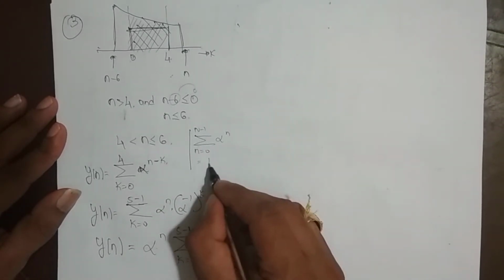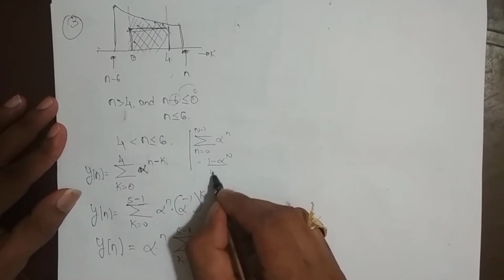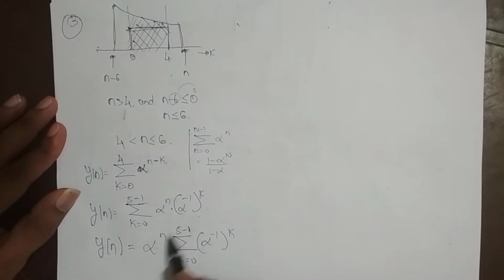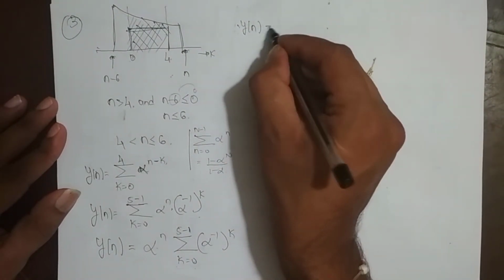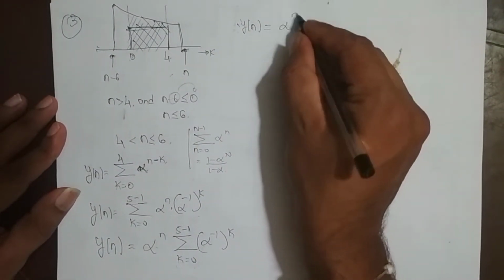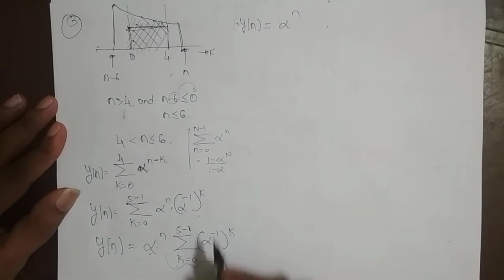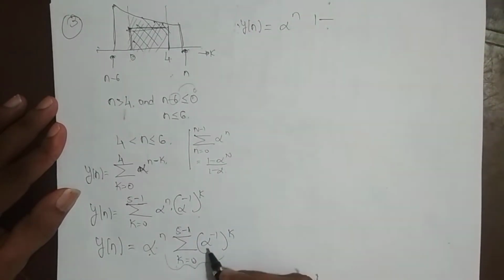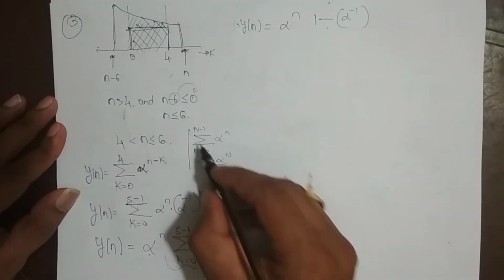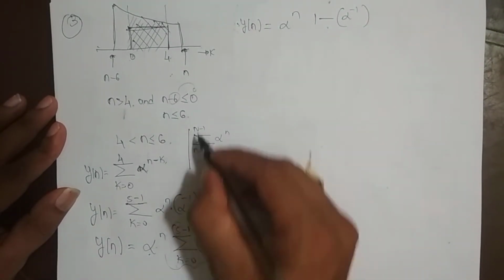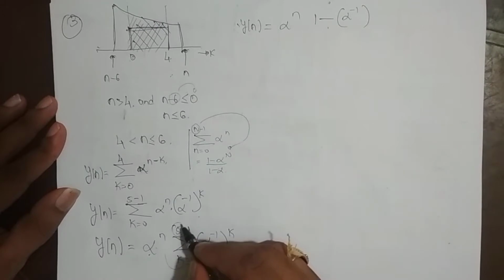So this is nothing but 1 minus alpha power capital N whole divided by 1 minus alpha. So now I'll substitute this form here. So y of n is equal to what? Alpha power n, this term, and the right hand side of this, which is nothing but 1 minus alpha power minus 1 whole power, what should I write? 5, right? Because this N comes here, so this 5 has to come here.